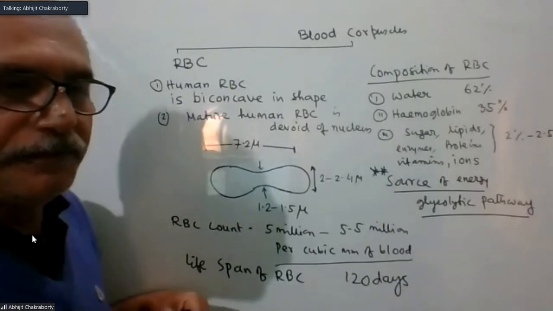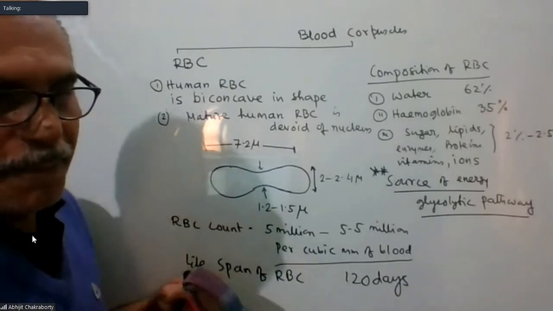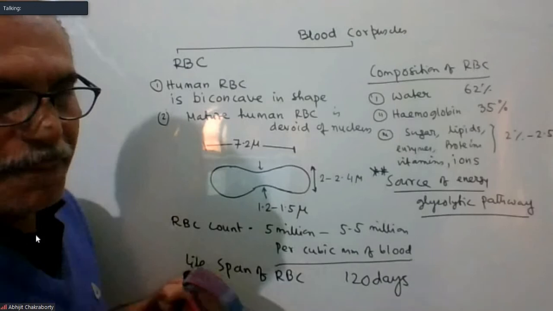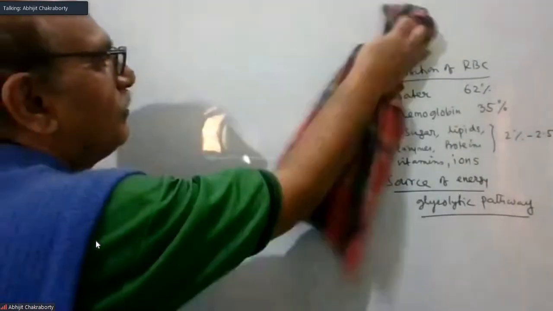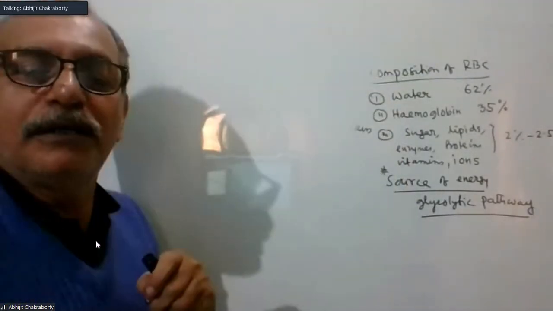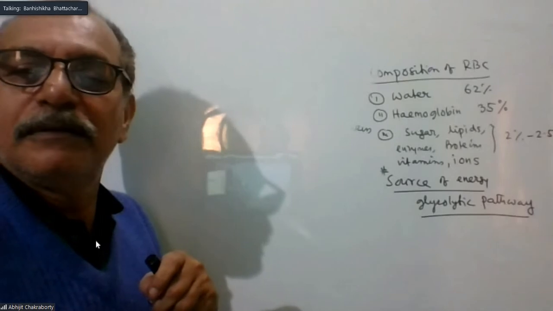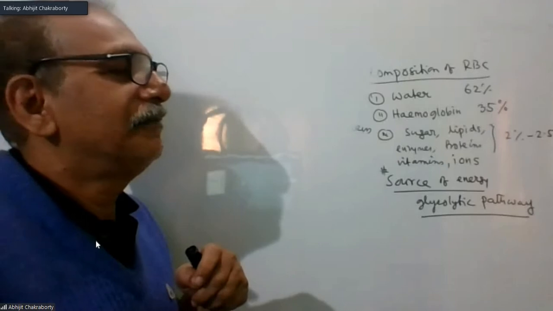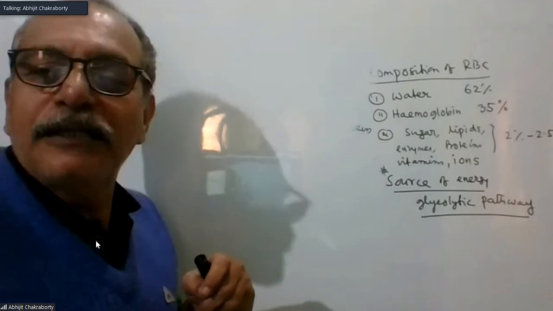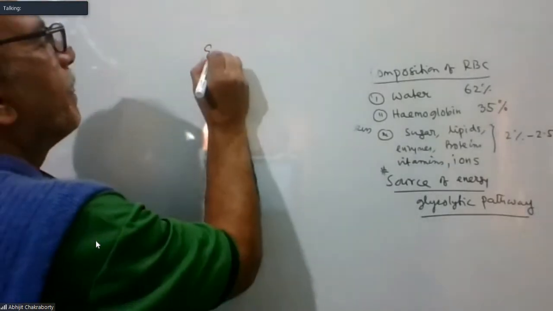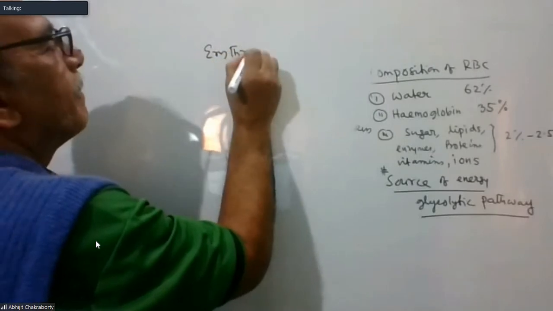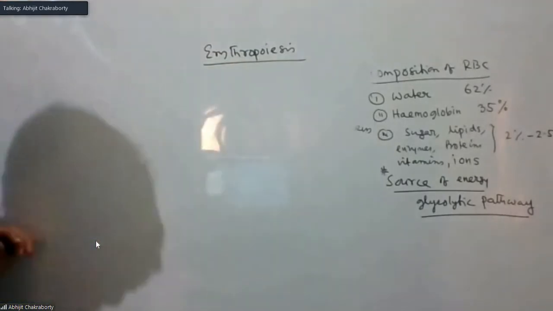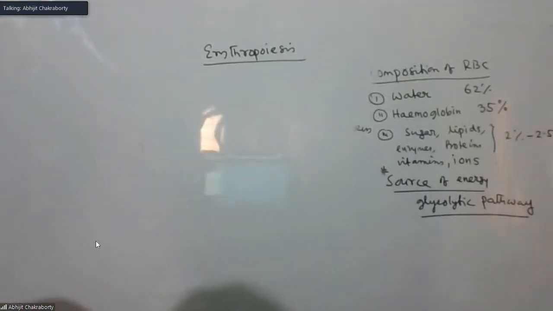Are you ready? If I'm not going to take exam today, I discuss. What do you want? So Sunday, it will be fine. Okay. Now we have to proceed towards the erythropoiesis.